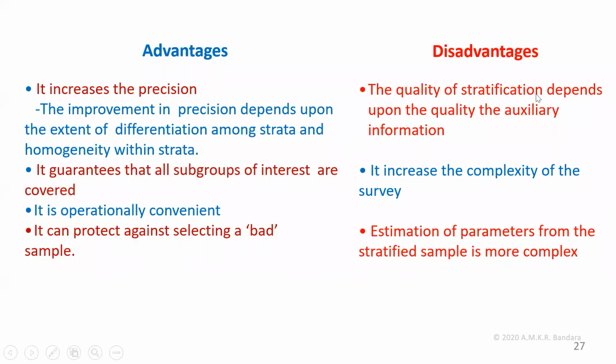Disadvantage, the quality of stratification depends upon the quality of the auxiliary information. So, as I told earlier, if we divided your students in class according to gender and tested the IQ ability of those selected samples, it will not be unbiased, because IQ ability from the literature does not vary with gender.